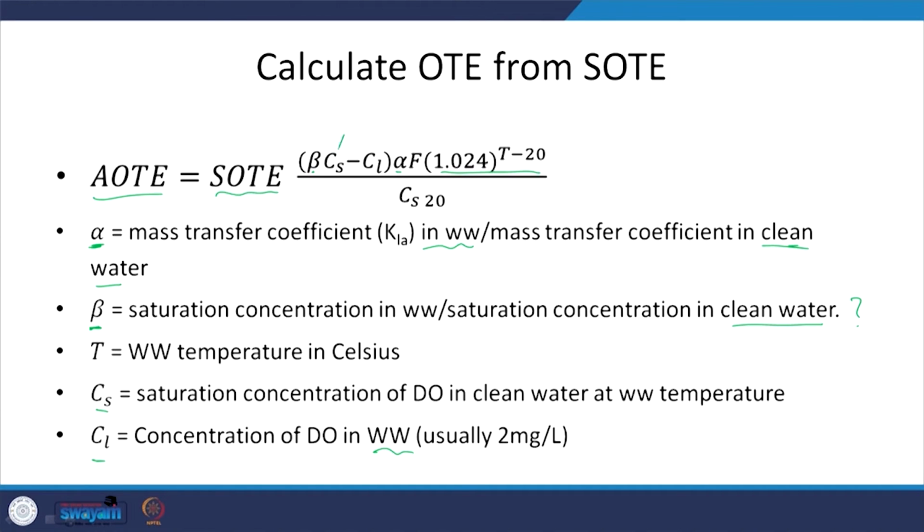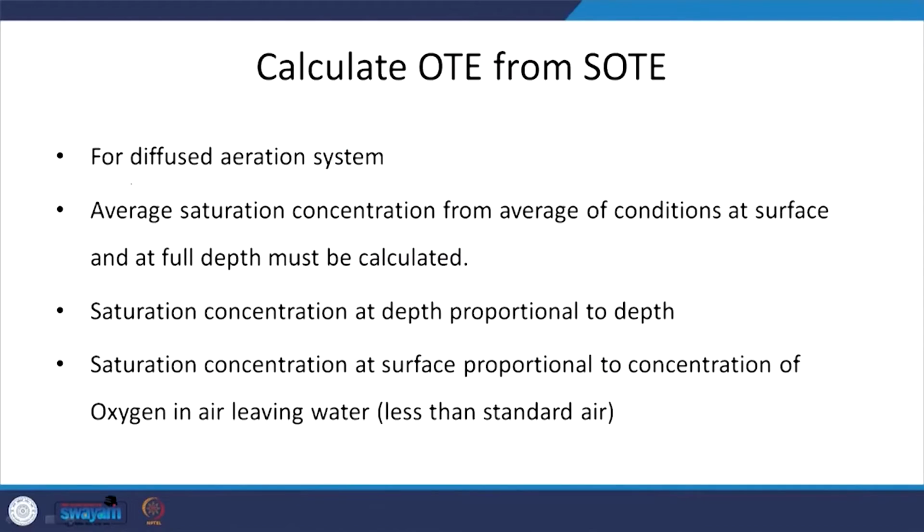And is this always constant, or what does it depend upon? Again, PV equals nRT. It depends upon the pressure, which depends upon the elevation. Looks like I have to discuss another aspect here too. For a diffused aeration system, the average saturation concentration from average conditions at the surface and full depth must be calculated.